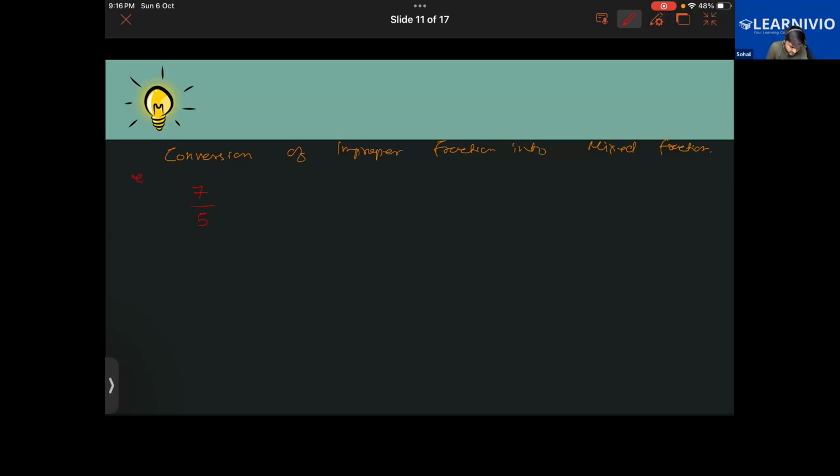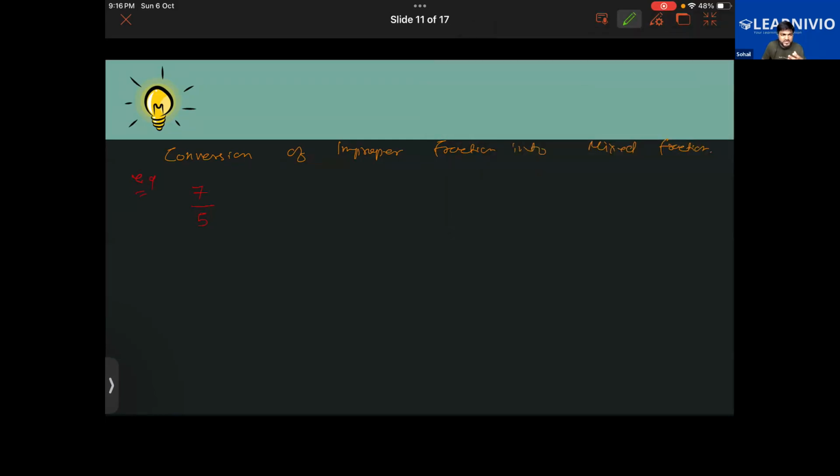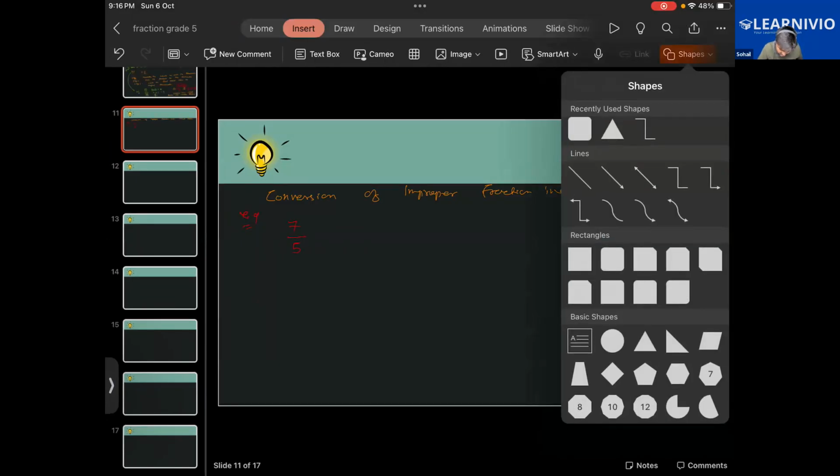Exactly. Okay, now there are two ways to do this. One is by the pictorial way, where you'll be drawing a diagram. For example, you can construct a circle like this. Both of you will first pay attention to what I'm saying.